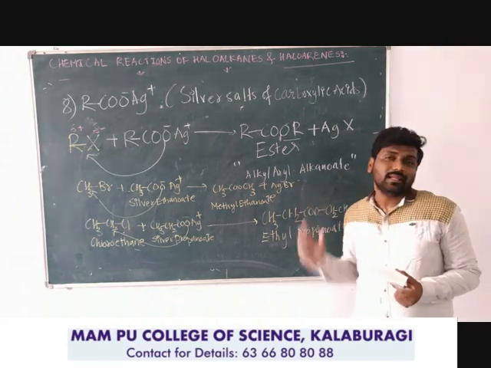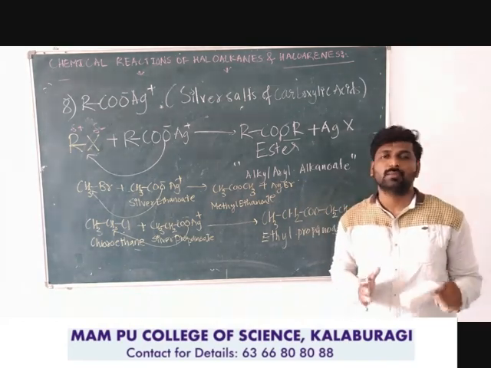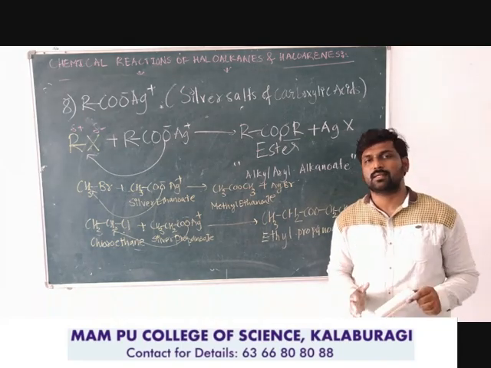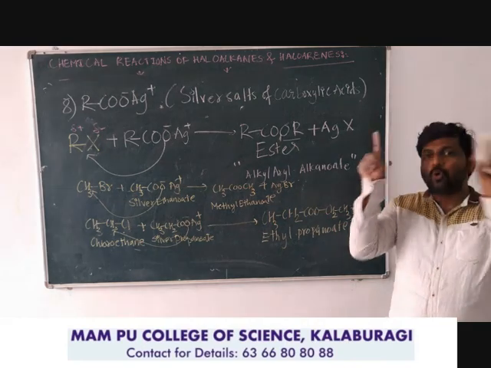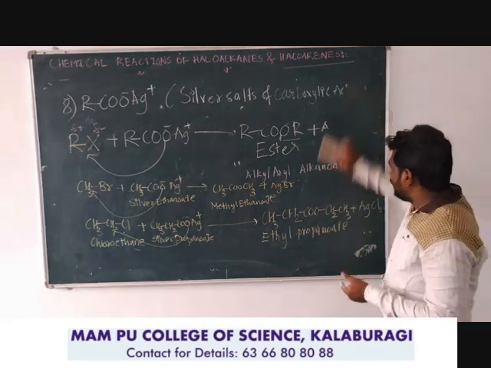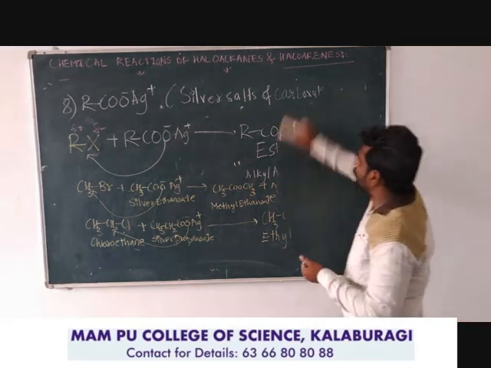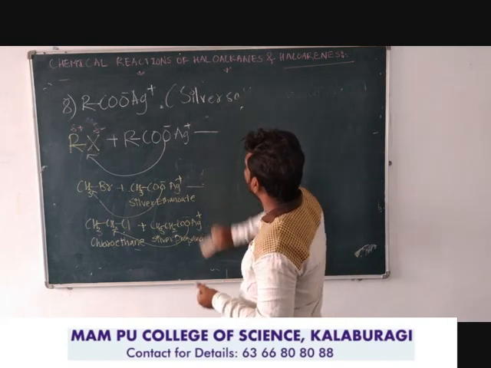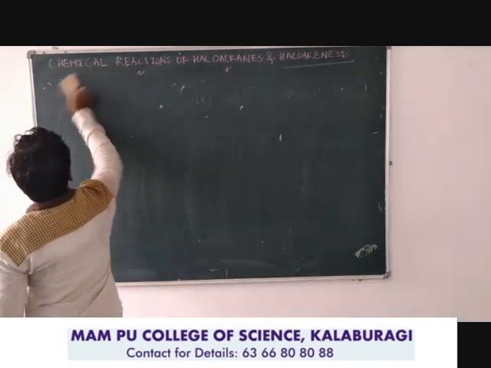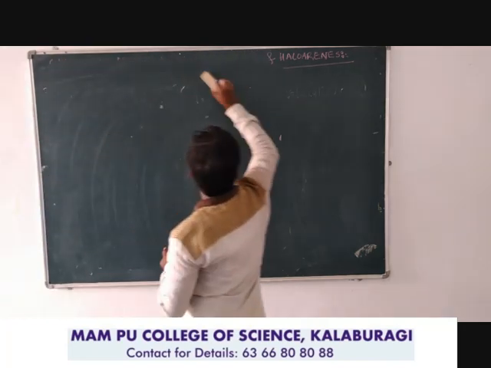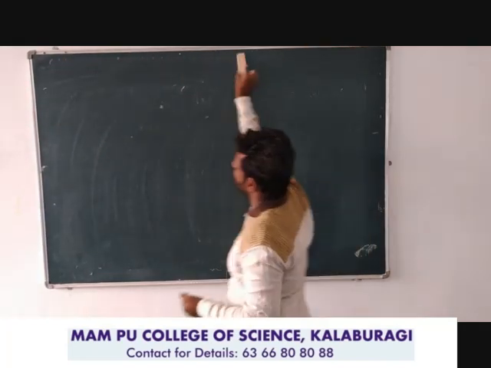So there are many reagents. How to remember all these reagent examples, sir? I will club all these reagent examples in one flow chart. I will draw the flow chart here. This flow chart will be helpful for understanding the nucleophilic substitution reactions of haloalkanes with the different reagents.